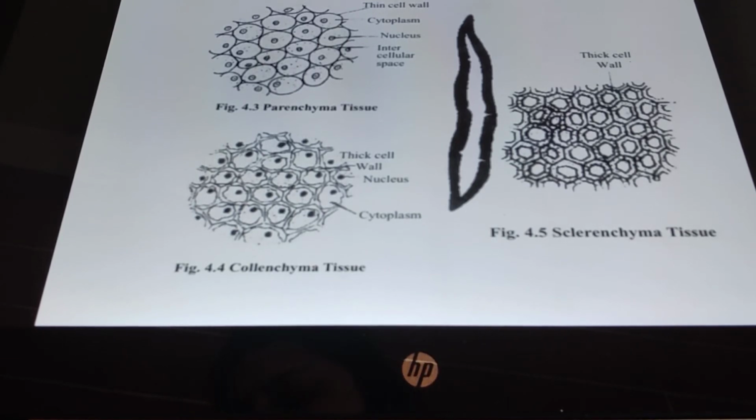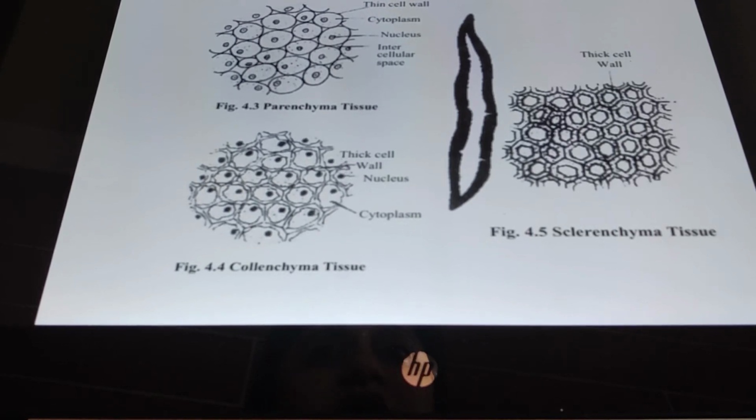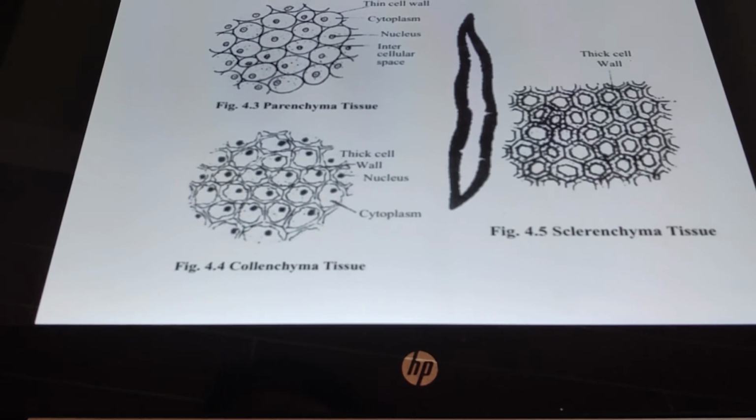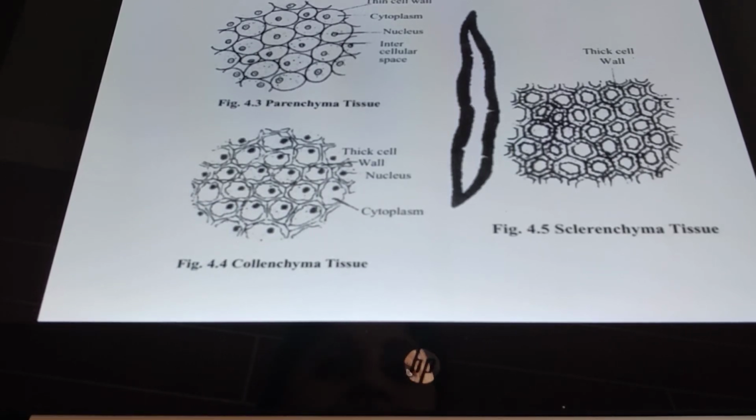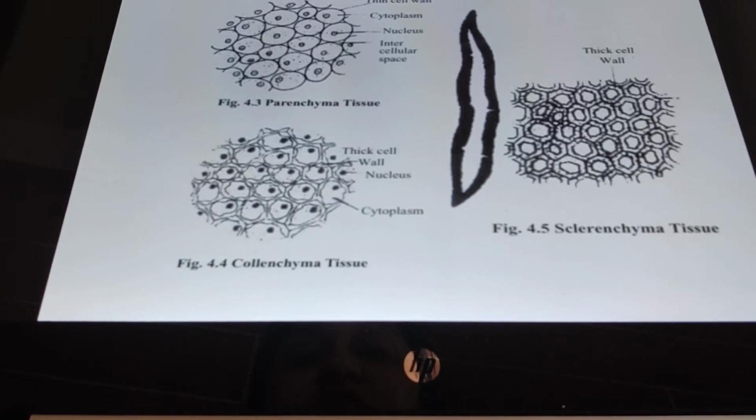Lignin is a chemical substance which acts as cement in the plant body, which helps them harden. Next point, children, sclerenchyma does not have any intercellular space. Parenchyma has intercellular space, collenchyma has little intercellular space, but sclerenchyma has none.